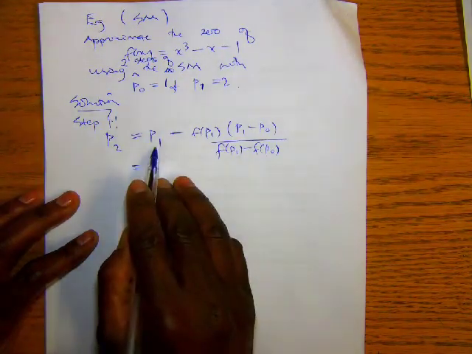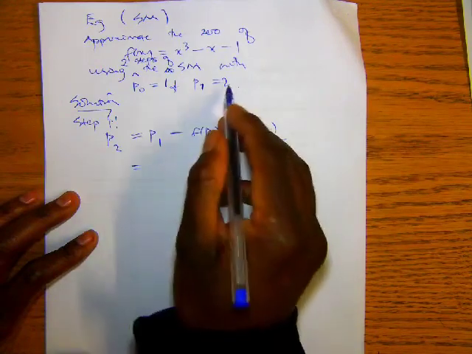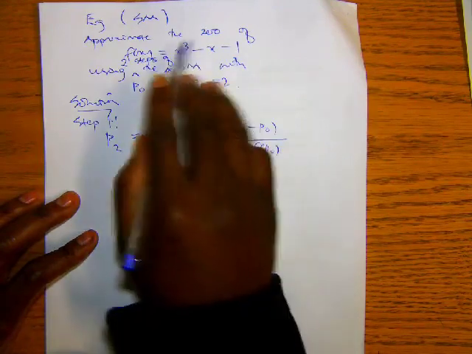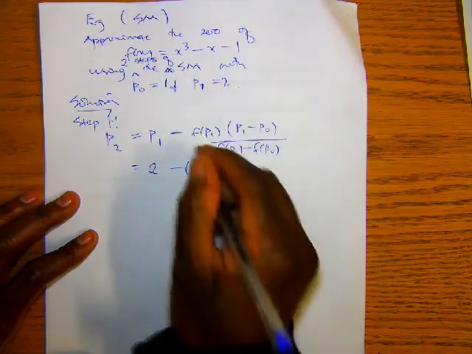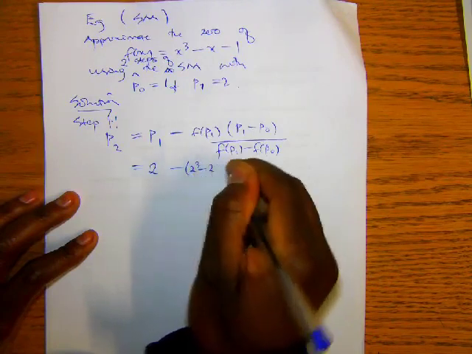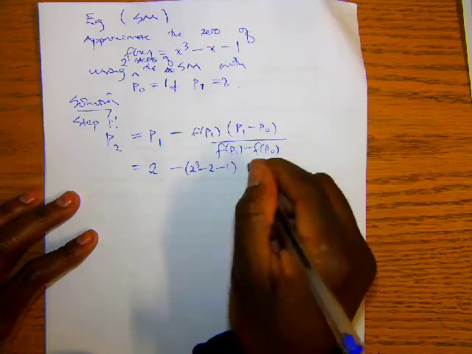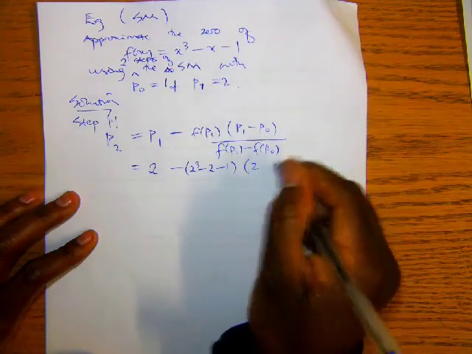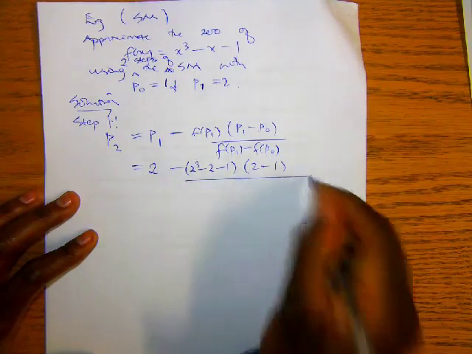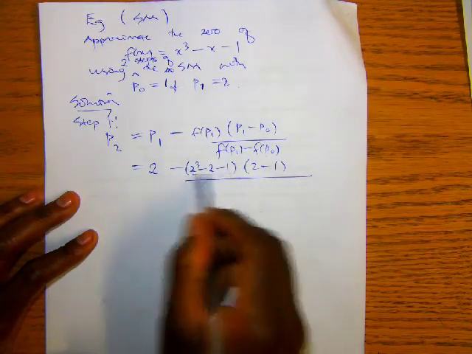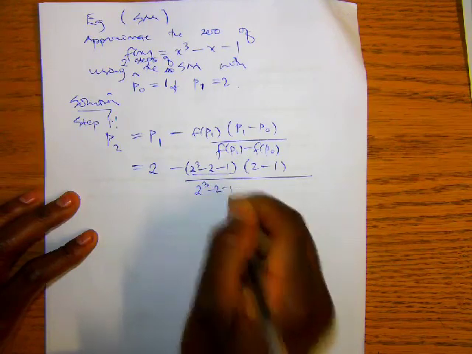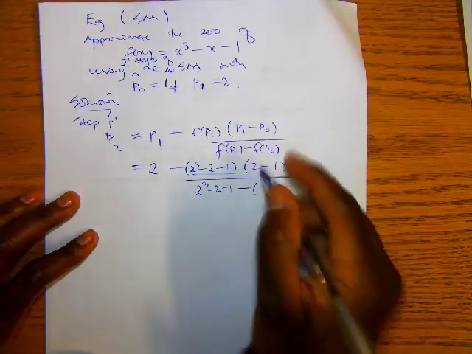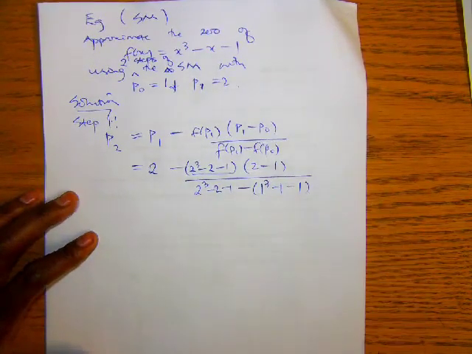Where there's P1 we put 2, and where there's f of P1 we substitute using the expression at the top, so it's 2 cubed minus 2 minus 1, multiplying, in brackets, P1, which is 2, minus P0, which is 1, all over f of P1, which is this bracket here, I repeat it down here, minus f of P0 is the same bracket, but where there's 2 you put 1, so you get 1 cubed minus 1 minus 1.